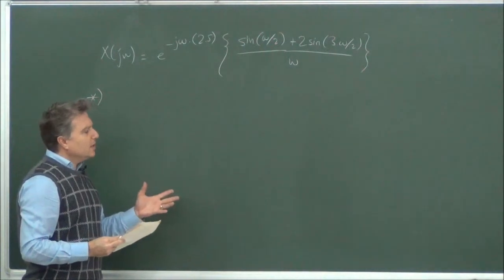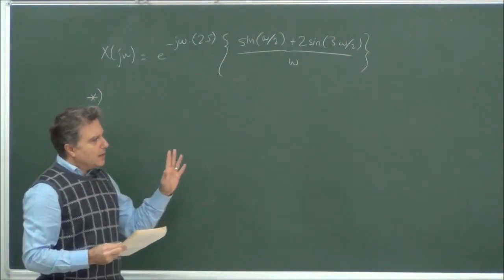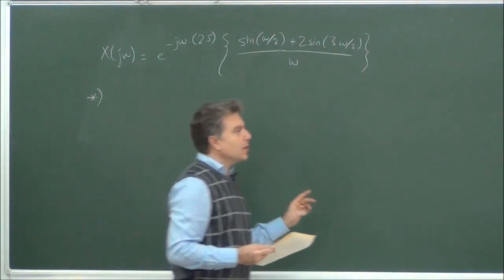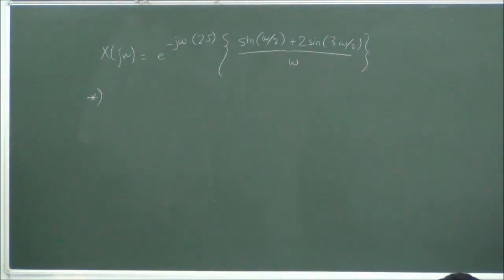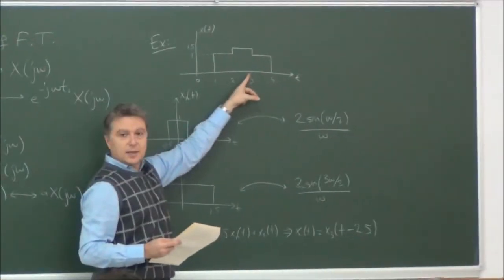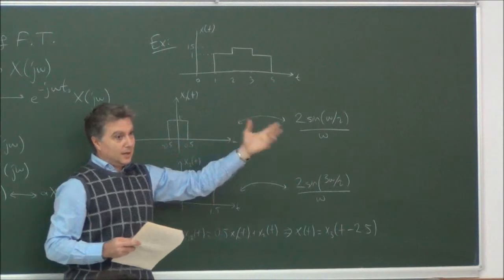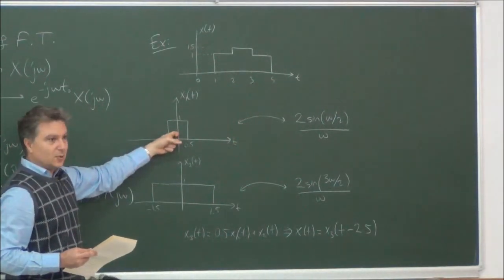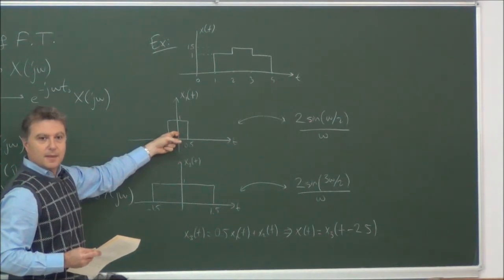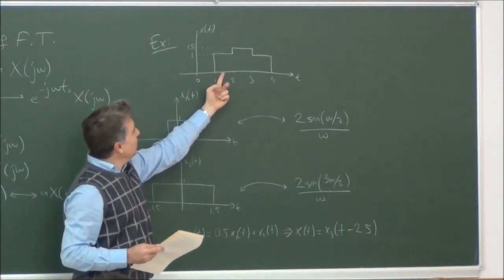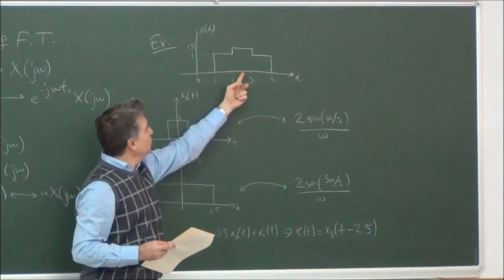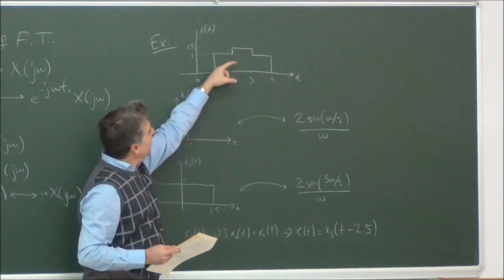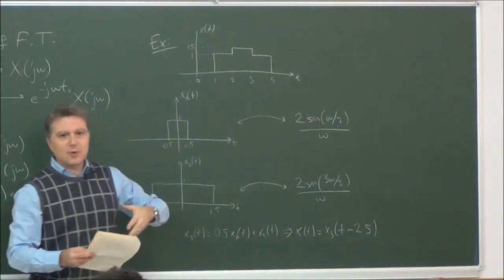Otherwise, there is another way to attack the same problem. You may say that this is a rectangle, the other one is another rectangle, and the third one is another rectangle. And they are all generated from this term, shifted by 1.5, then by 2.5, and then by 3.5, and the one in between is scaled by 1.5.